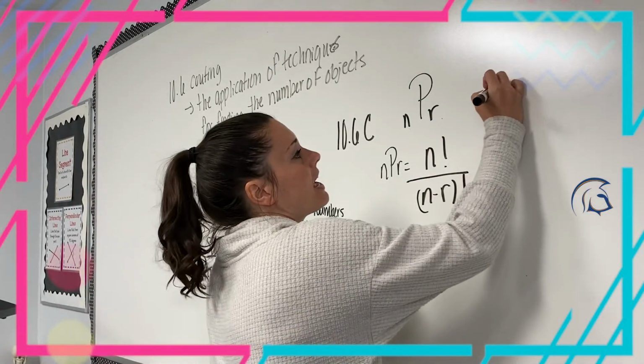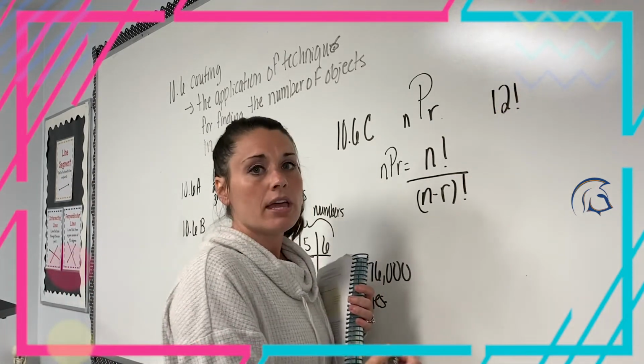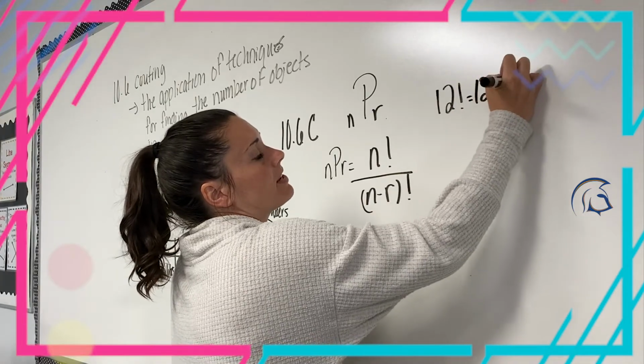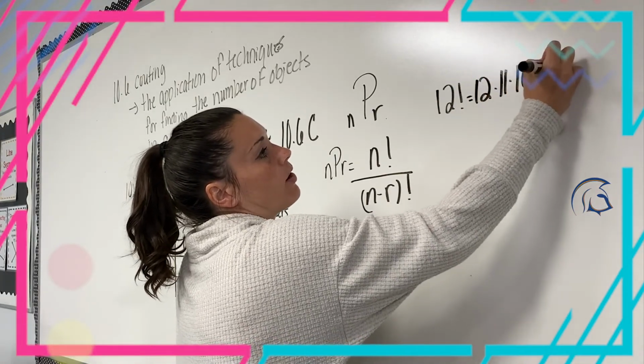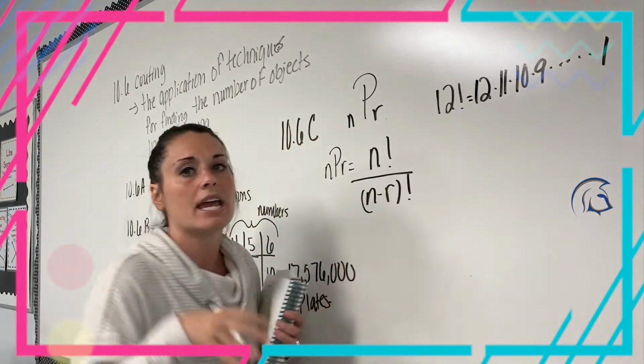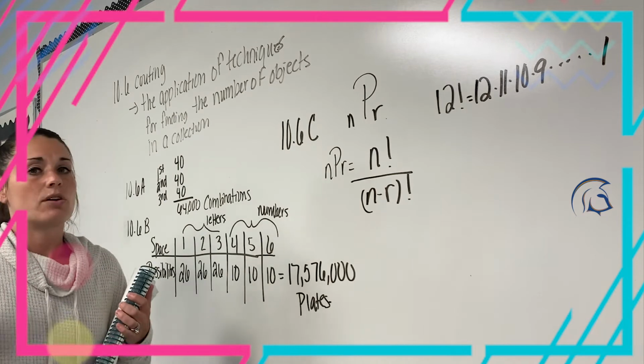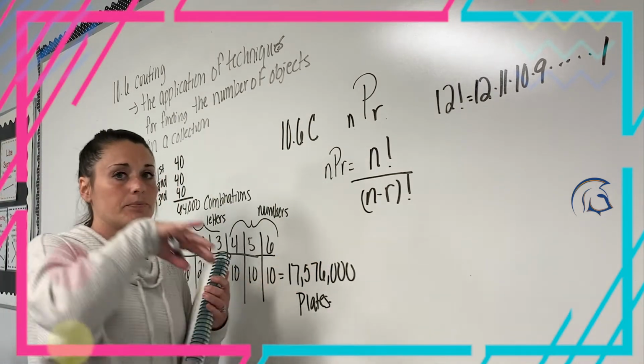So if I say 12 factorial, then to solve that, I have to say 12 times 11 times 10 times 9 all the way down to 1 and then evaluate it, just by multiplication. So that's what we're doing here.